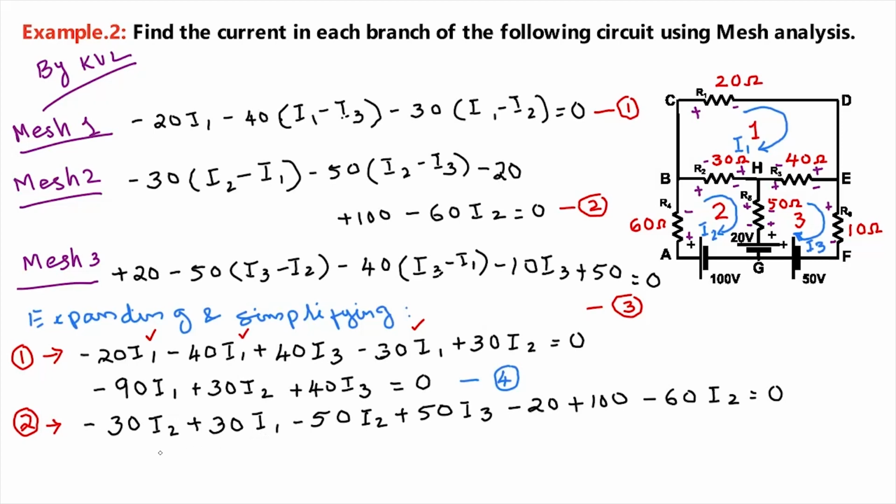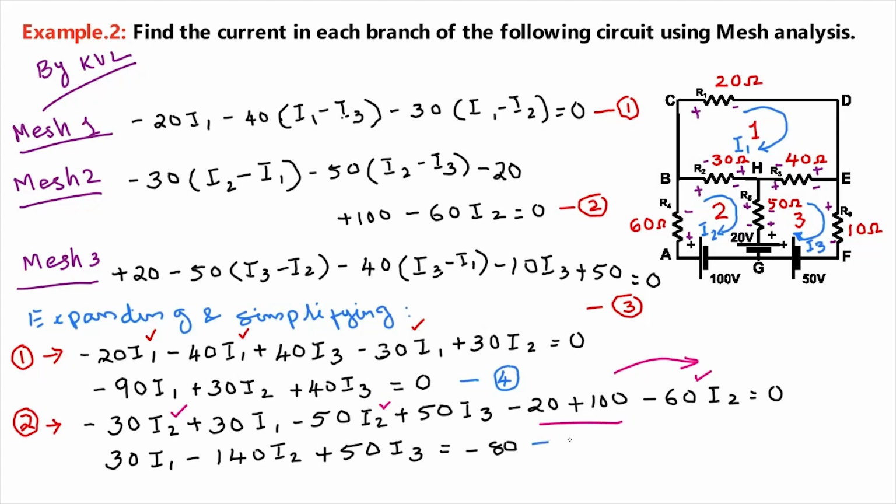Rewriting, 30 I1 comes here, then minus 30 I2, minus 50 I2 and minus 60 I2 can be added and written as minus 140 I2. Then we will write plus 50 I3 is equal to minus 20 plus 100. This is 80. We will transfer 80 to the other side, so it becomes minus 80. Let this be equation 5.